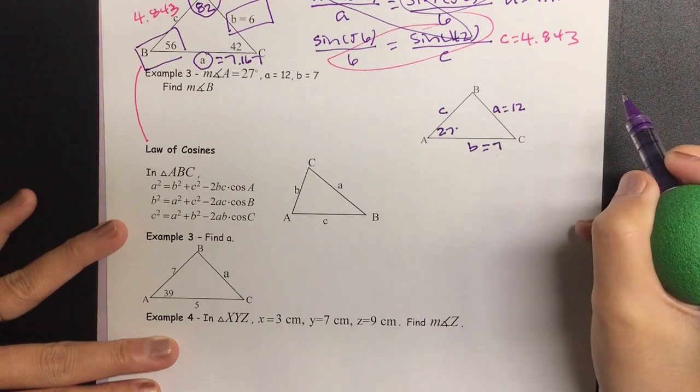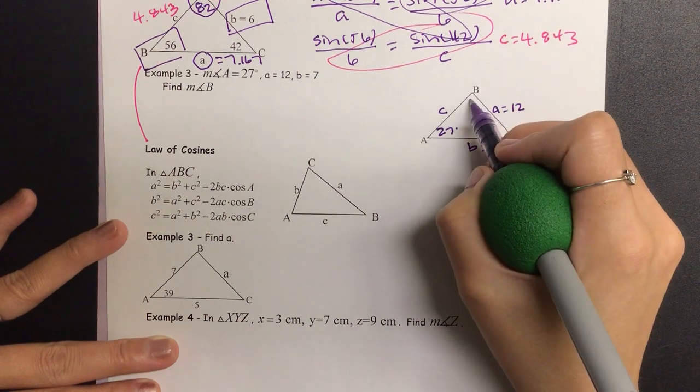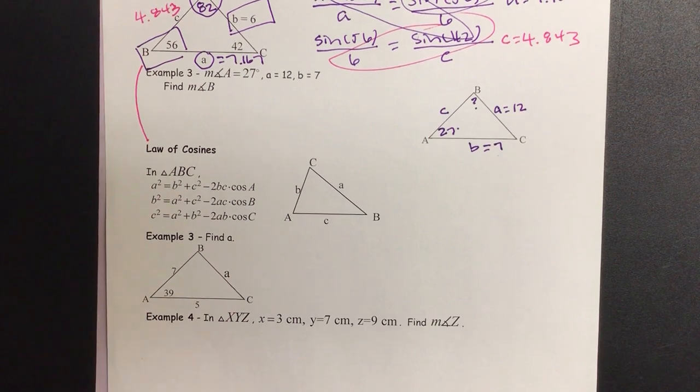Well, they gave you more than enough. You only need 2 of each. It sounds intimidating because it says like law of.